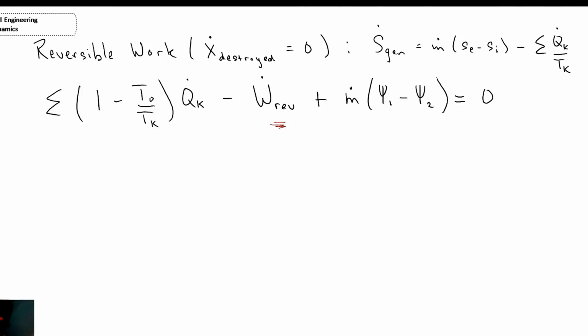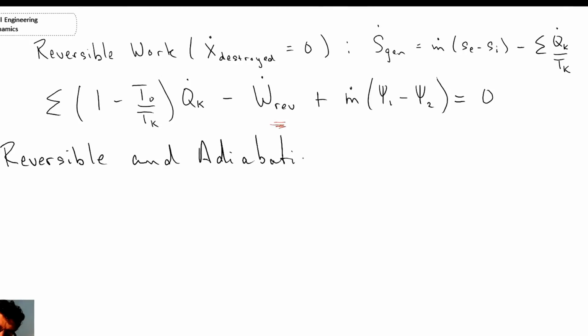Now making another approximation, we're going to say, let's say we have reversible, which we just said we have, and if I say it's adiabatic. If you recall, that was the term that we used for an isentropic process. So this is what would result if we have an isentropic process. And if it is adiabatic, that means the heat transfer is 0.